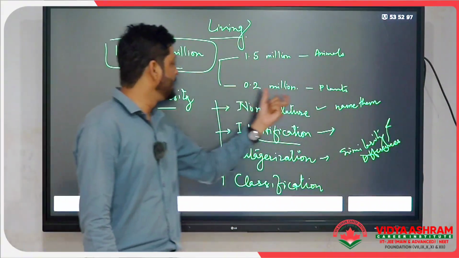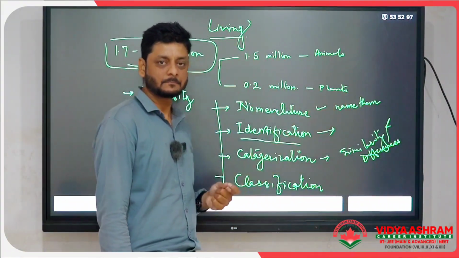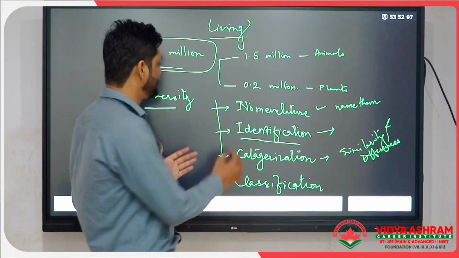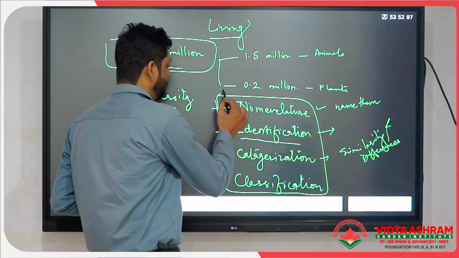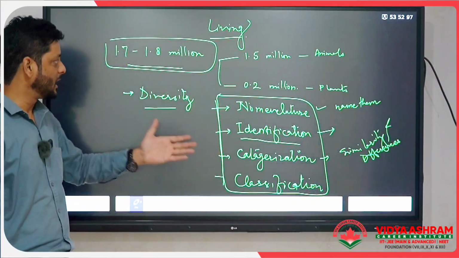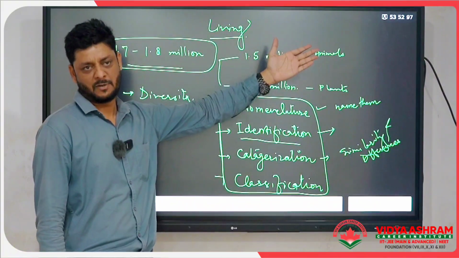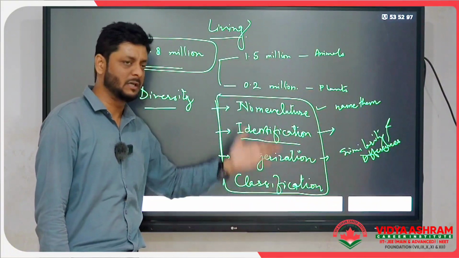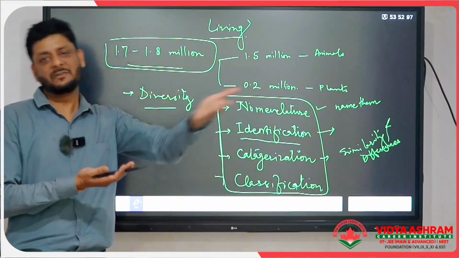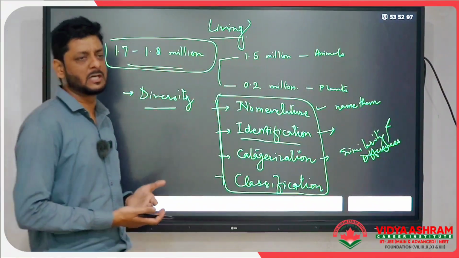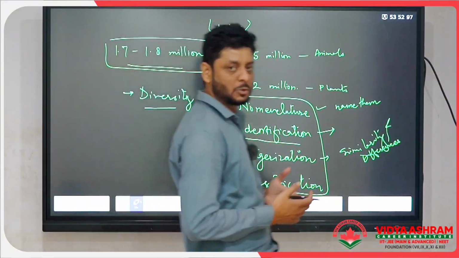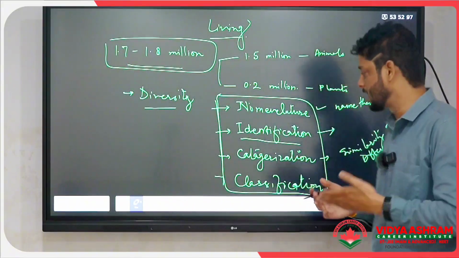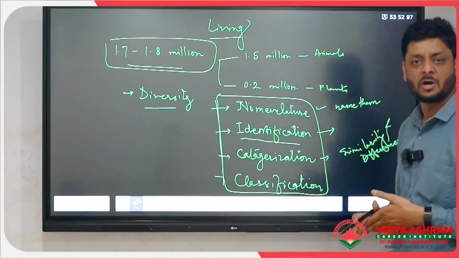Then we can name them, nomenclature. So these are the major steps of classification of the organism. When we classify each and every living organism, it is very convenient for us to study them, to understand the anatomy and the morphology of the living organisms.